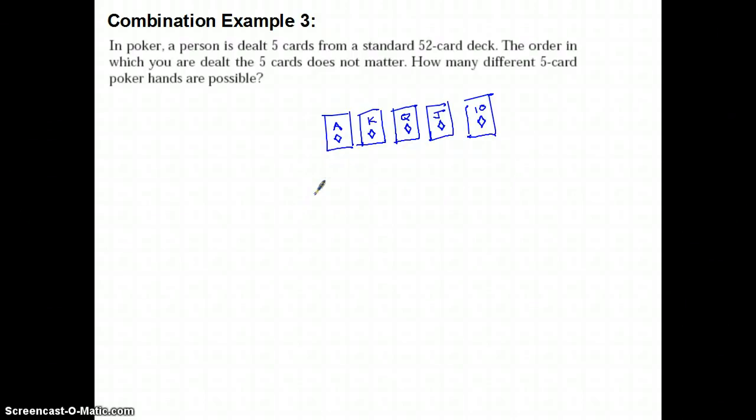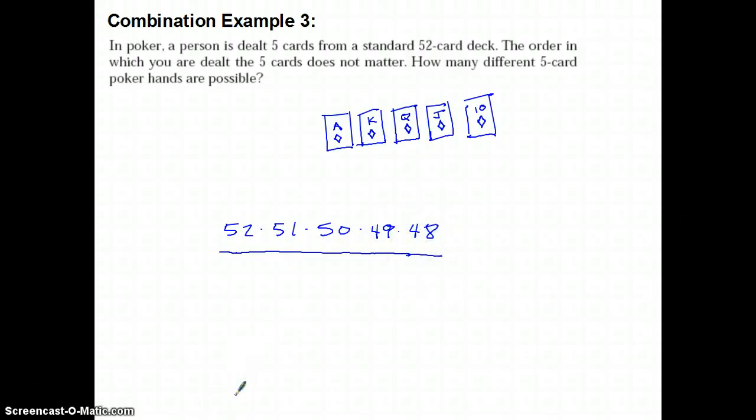In the end, we just look at what the total of the cards means. So this is a combination question. It doesn't matter if we have that 10 first or that 10 last. We have the same hand no matter what. So we want to figure out a permutation of 52 cards taken 5 at a time, which means we have 52 times 51 times 50 times 49 times 48.